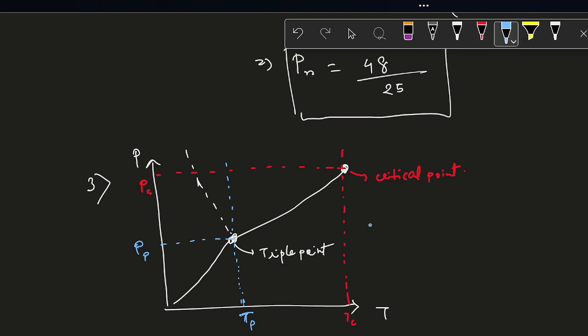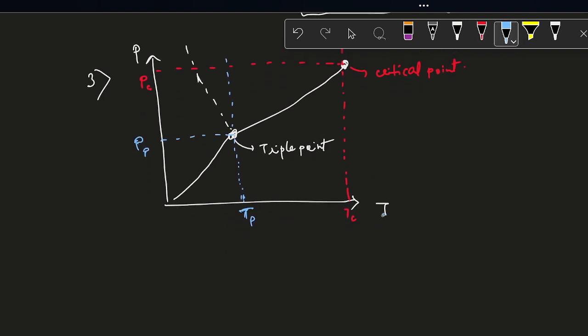Now if you identify the phases, what phase lies where: here will lie your solid phase, this is your solid phase in this territory, and this, if I am not wrong, is your liquid phase. And here lies your gaseous phase. So in the phase diagram, you can see why this is the triple point.